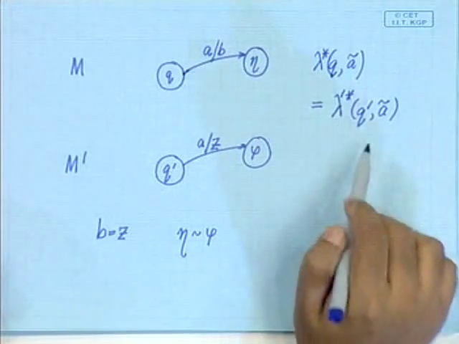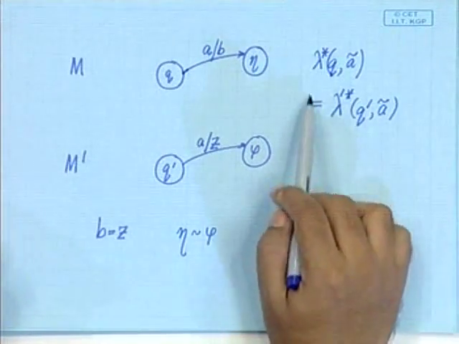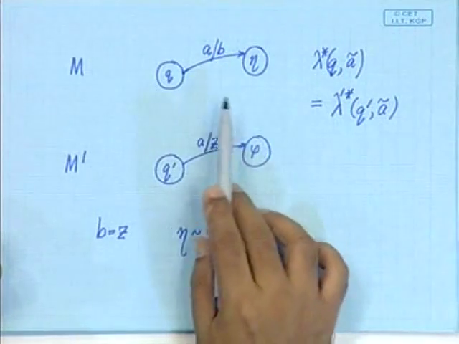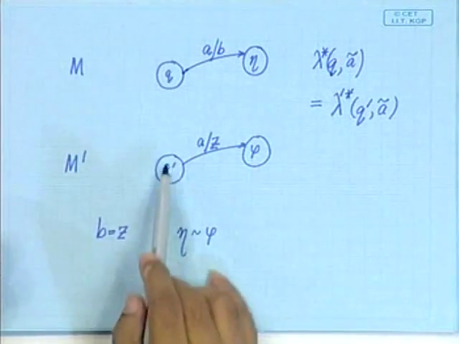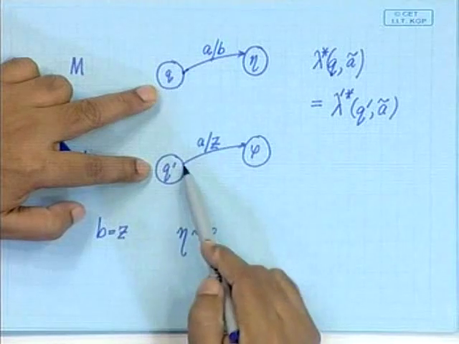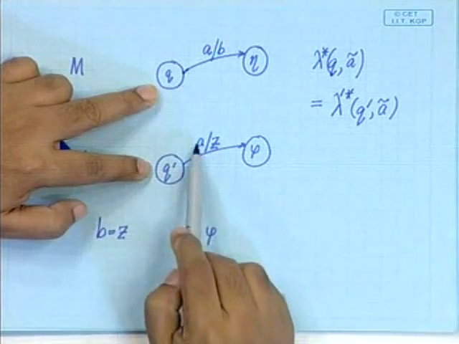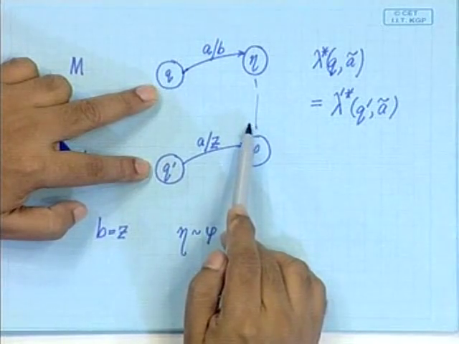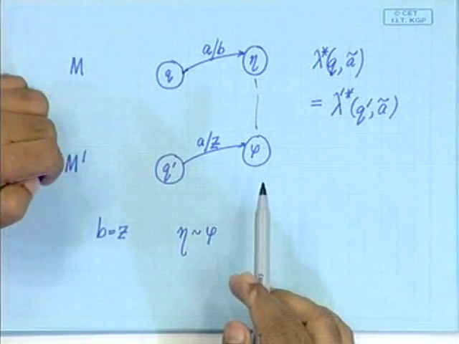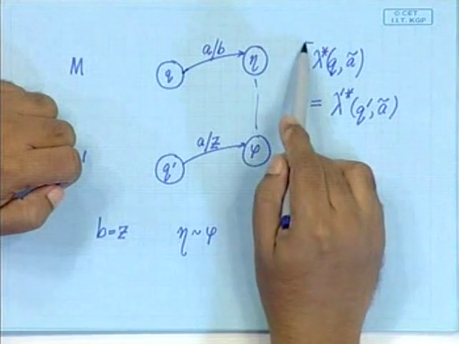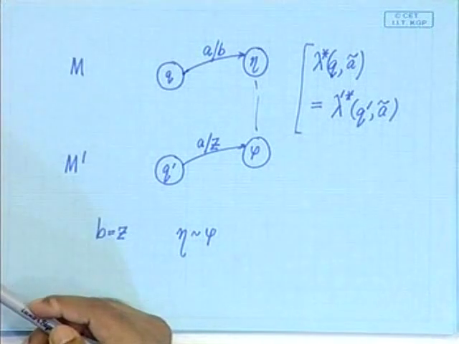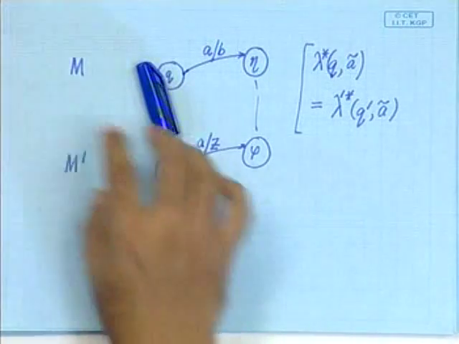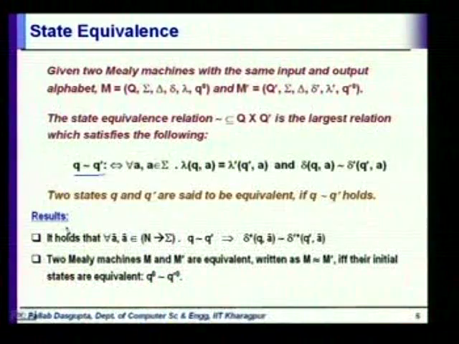Then these two should be equal. So, they should produce the same output. Now, this is inductively proven from the fact that we said that they should produce the same output on a single input, and then the next states should be equivalent. So, inductively this one is going to hold. Is that clear? So, let us go back here.